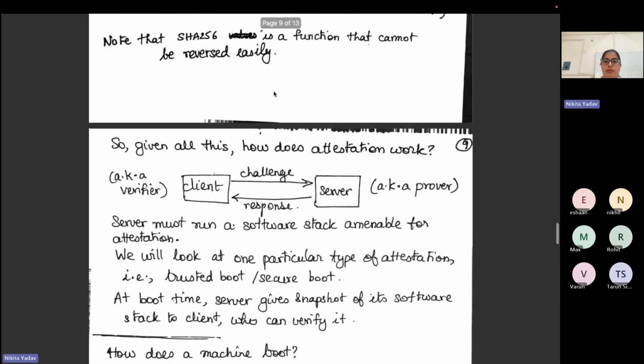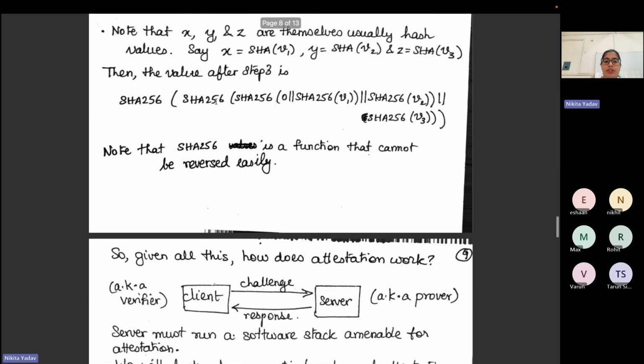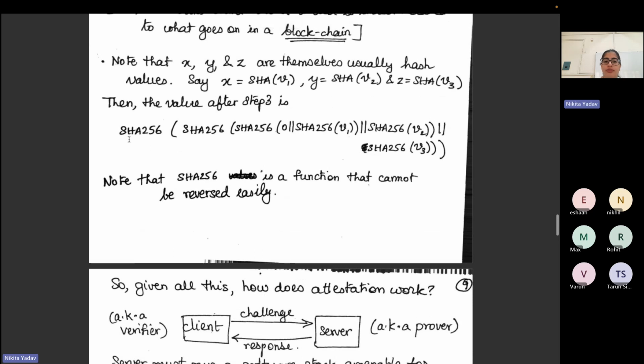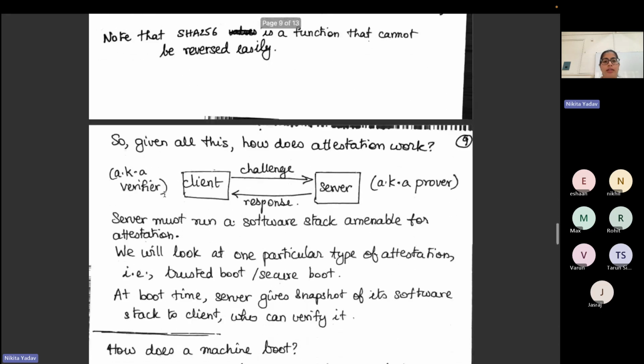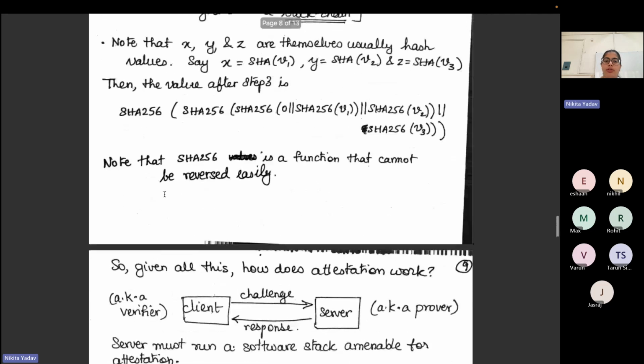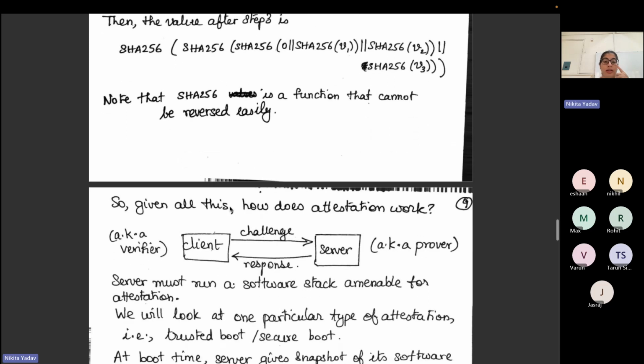That is a cryptographic hash function property, which says that even if I give you the final hash value, you will not be able to find values x, y, z such that you can construct such a sequence of hash chains and thereby have the same hash value. So that is not possible, and that will form the basis for our security.